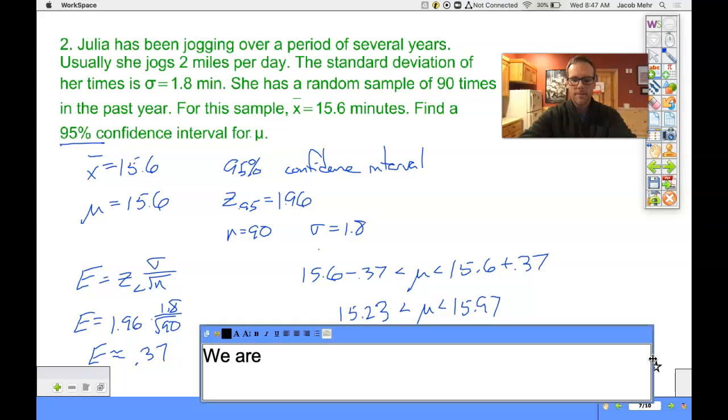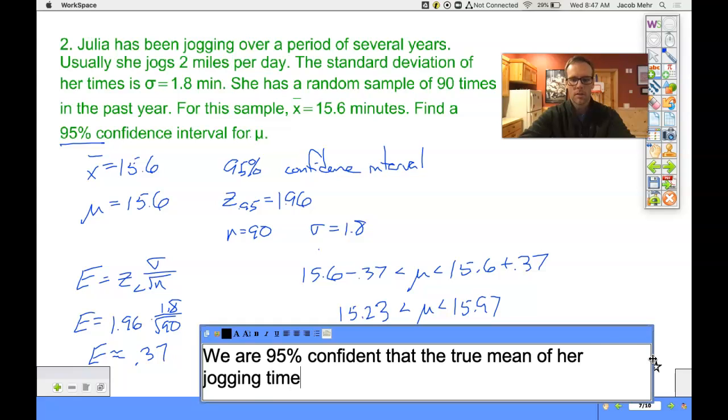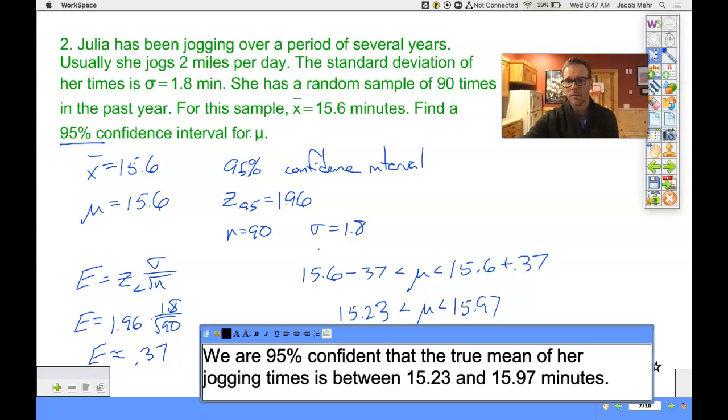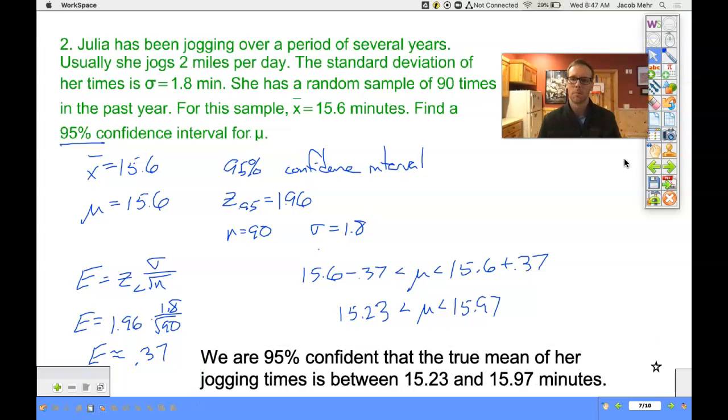We are 95% confident that the true mean of her jogging times is between 15.23 and 15.97 minutes. That's a cool statement. That's a really cool statement.